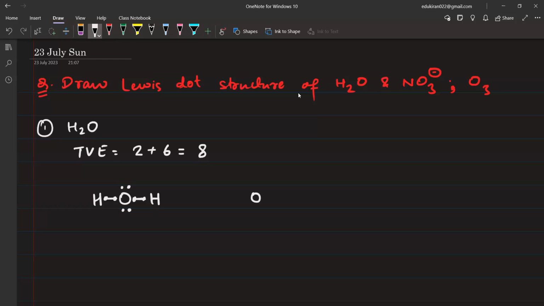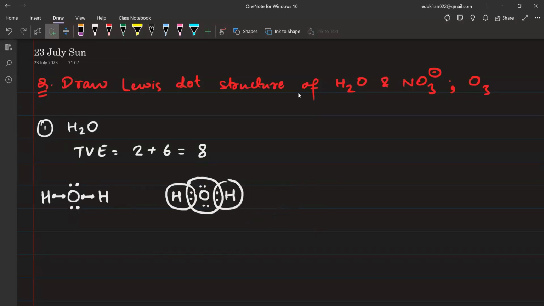So the dot structure of oxygen will be something like this. Okay. Now this is for H2O.